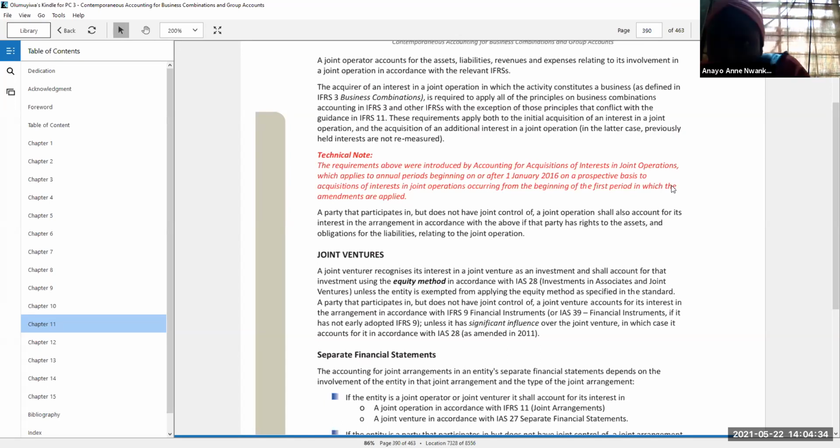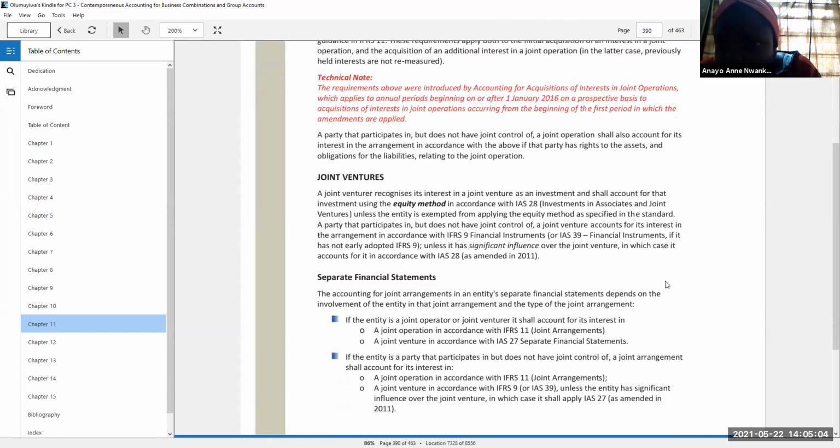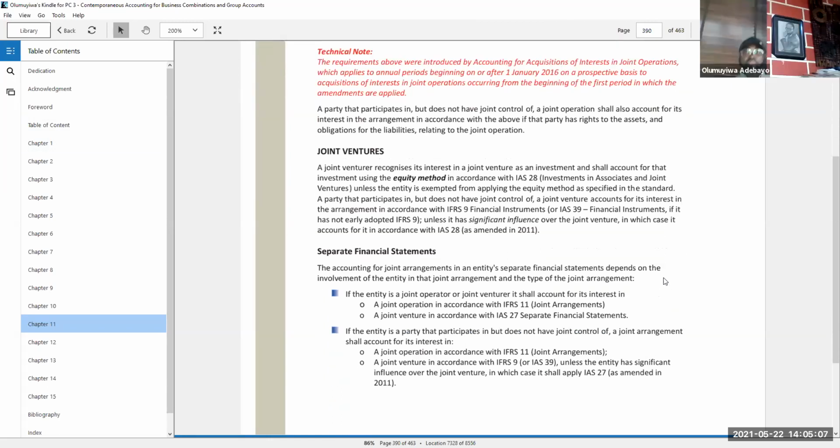A party that participates in but does not have joint control of a joint venture accounts for its interest in the arrangement in accordance with IFRS 9 Financial Instruments, or IAS 39 Financial Instruments if it has not early adopted IFRS 9, unless it has significant influence over the joint venture, in which case it accounts for it in accordance with IAS 28 as amended in 2011.